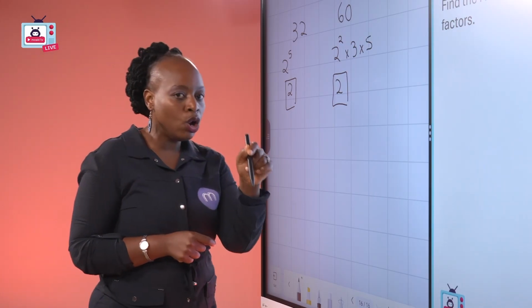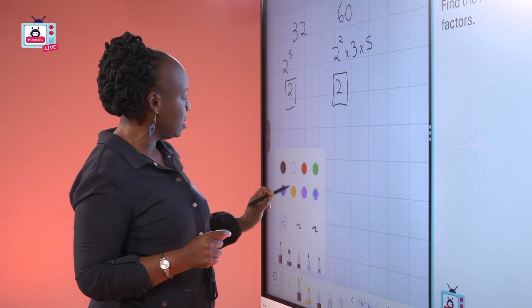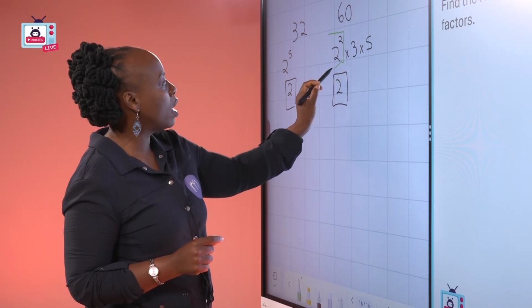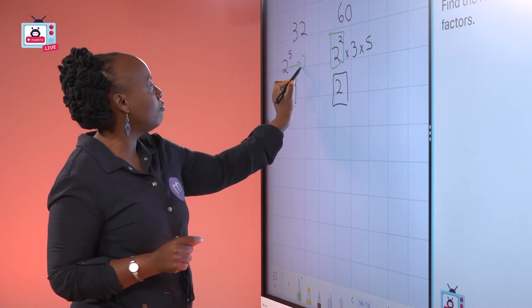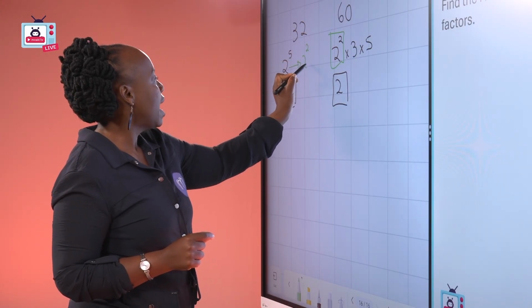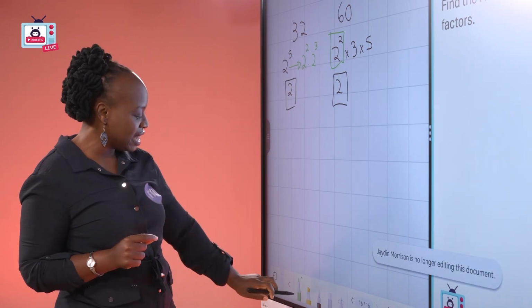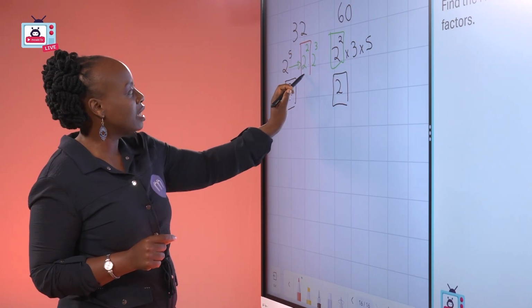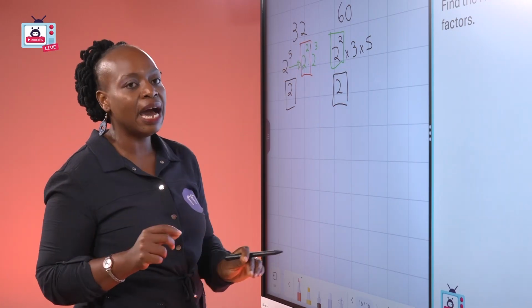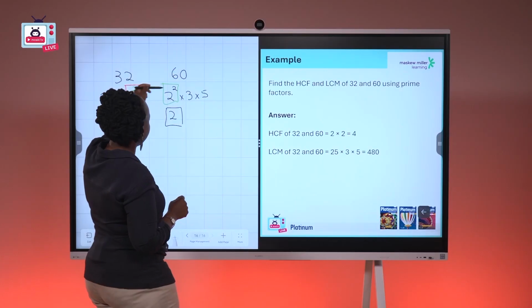But is it 2 alone, or is it 2 with something? Remember, this was 2 squared. That's why you can deduce it by saying you have 2 squared and you have 2 to the exponent 5. So that means 2 squared will be what you take. So your common number there will be 4, which is 2 to the exponent 2.